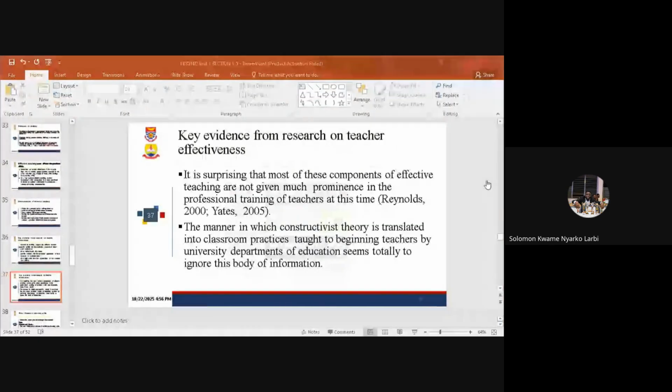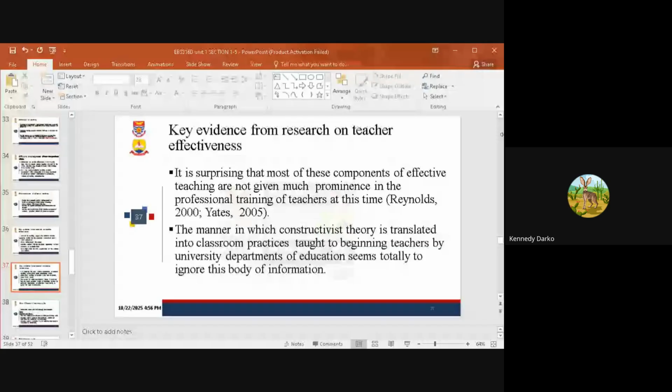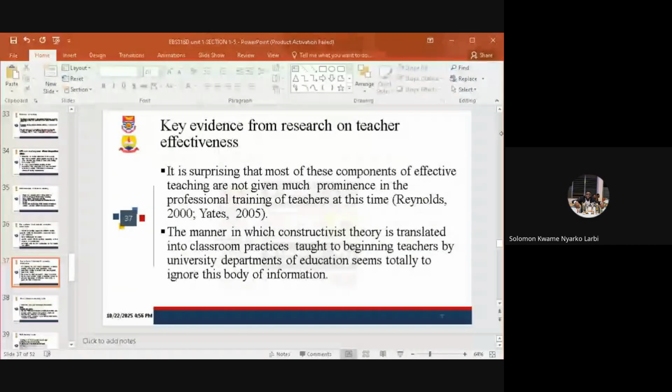Sorry, sir. So my question, maybe it will take us back a little bit, but I want to be clear on it. Please, you see these theories we are learning about, to me, I think they were propounded many years ago. Looking at the kind of world we are in today, with this technology advancement and all that, is there a way that we can revisit these theories, or do they still work in the present age?